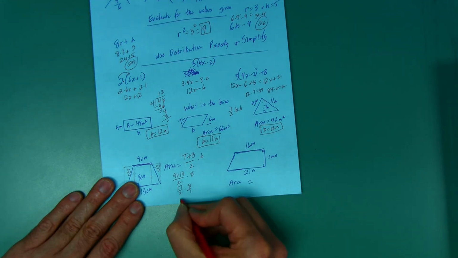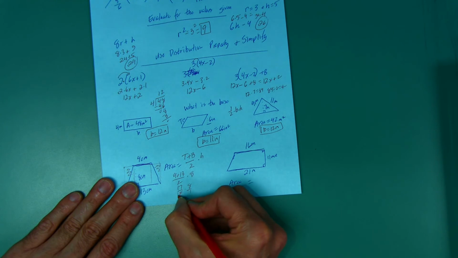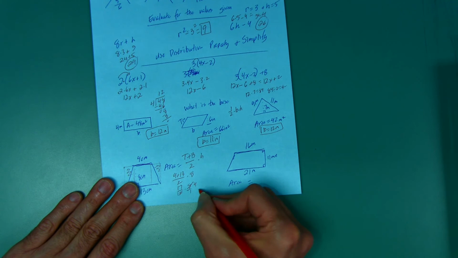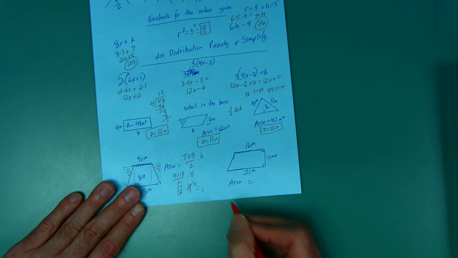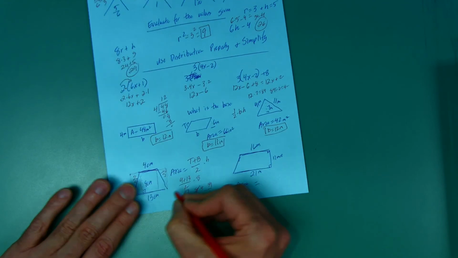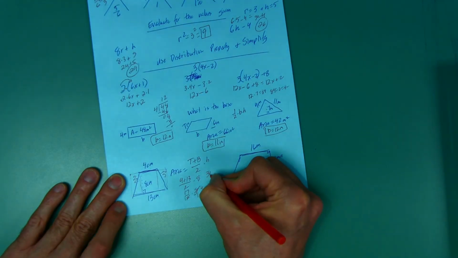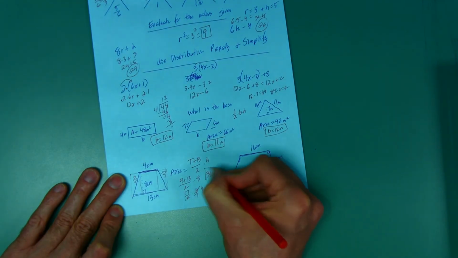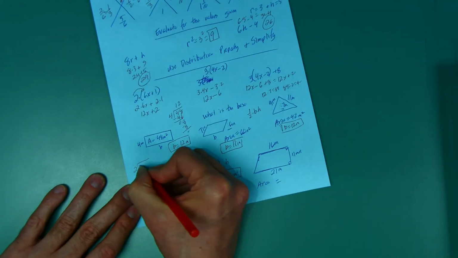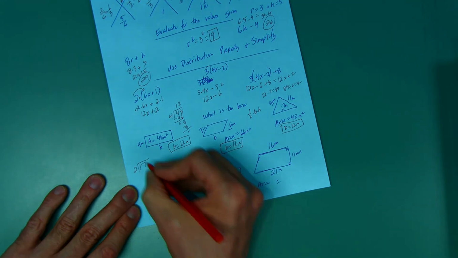And then I could say now the 2 goes into the bottom once. This is called cross-canceling. 2 goes into 8 4 times. On the bottom, I got 1 times 1. On the top, I have 4 17s, which is 2 34s. 34 square centimeters.